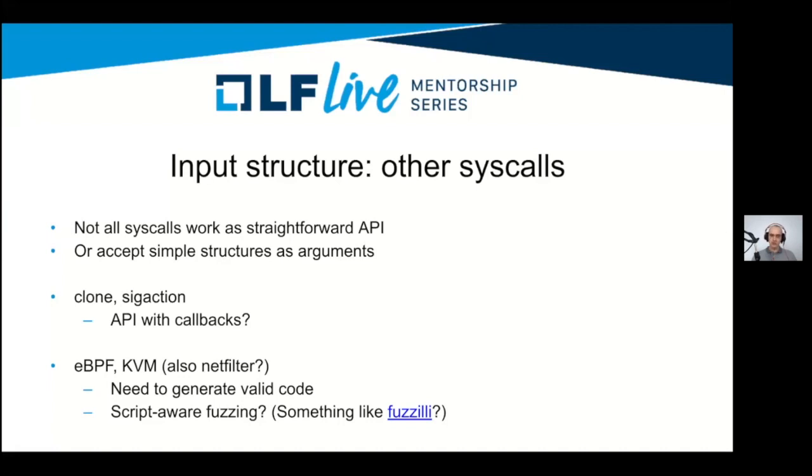So this is something that I call script-aware fuzzing, and I think this is something that needs to be approached differently. I saw an approach called Fuzzilli, a fuzzer that is used to target JavaScript engines. I mean, JavaScript parsers, JavaScript virtual machines, because they have a similar issue. You can't just generate random JavaScript code. It needs to be correct in some way to actually trigger anything interesting.